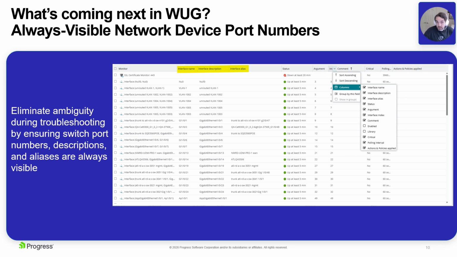Those are now columns you can turn on and off in your device properties, and that's a per user setting. This was a long time requested feature from our customers. Instead of just displaying a choice of name, description, or alias, you now can display all three names very easily right within the interface.